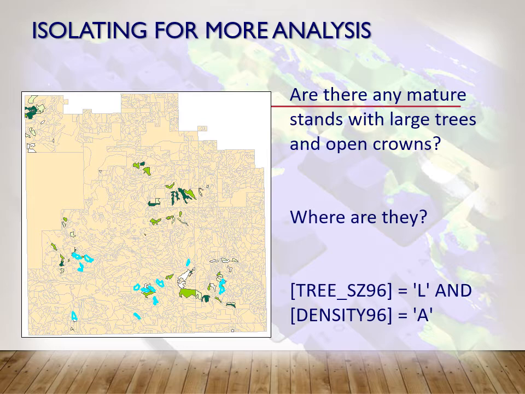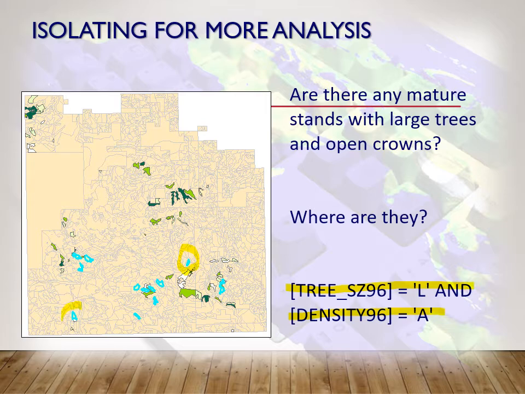And see in the bottom right, we're using two fields. So we need to find, looks like, I don't know what L stands for, but tree size 96 maybe is L and density is A. So both of those conditions must be met in order for your data to be extracted.